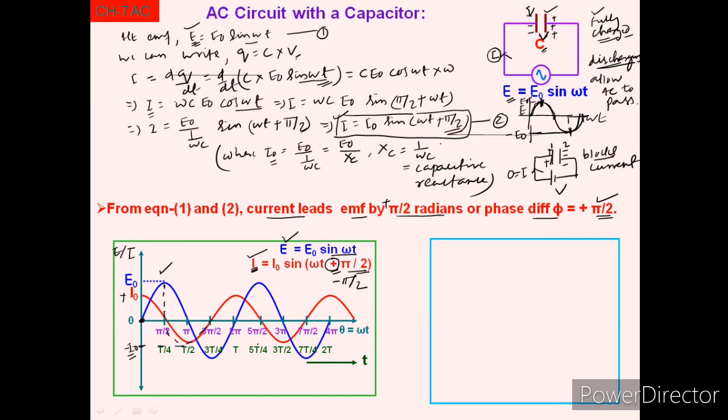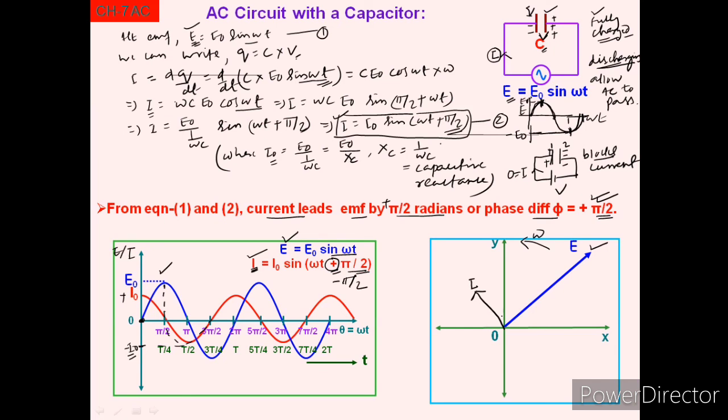Then next, let's see the phasor diagram of this. When you plot the phasor diagram, as usual our alternating EMF is shown by the vector E. Then as the current leads by a phase of pi by 2, and a phasor always moves in the anti-clockwise direction with angular frequency omega, the current will come in advance of the alternating EMF, hence we have to show the current in the second quadrant, as shown in the figure.